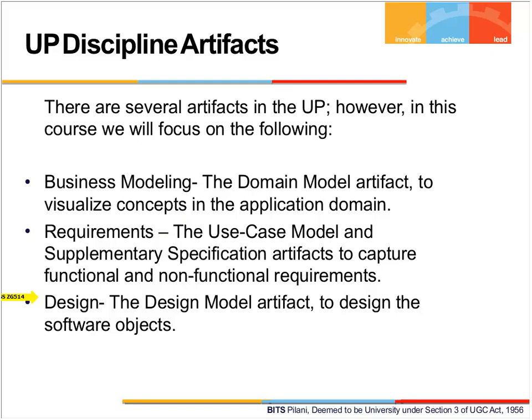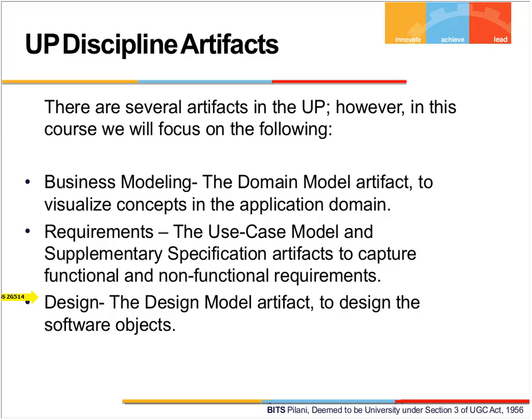Before I move ahead, there is one small clarification or addition that I would like to talk about. There are the words artifacts and work products, right? What do these two words mean? Work products and artifacts, right?